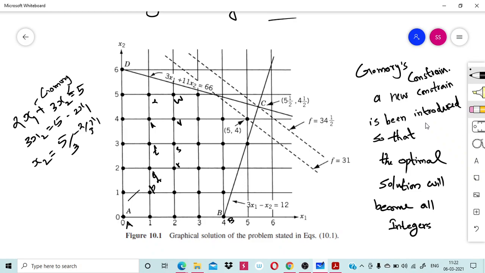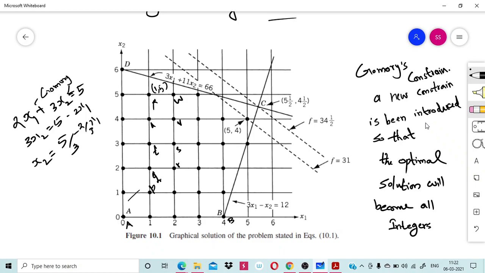If you take the point X, it is x1 equal to 1 and x2 equal to 5, an all-integer solution.